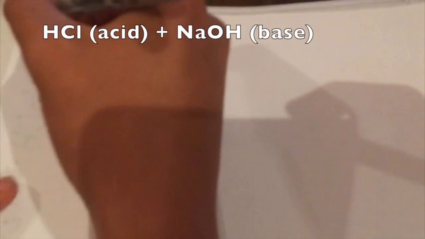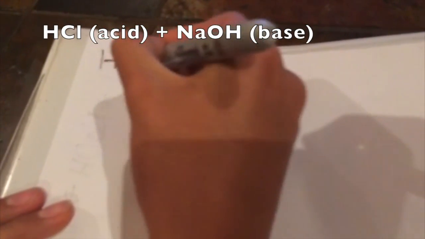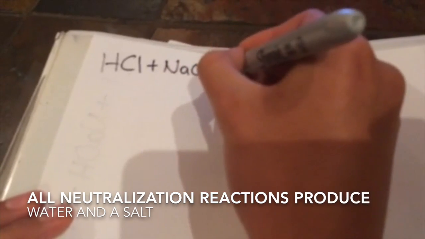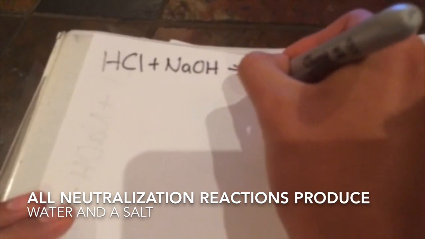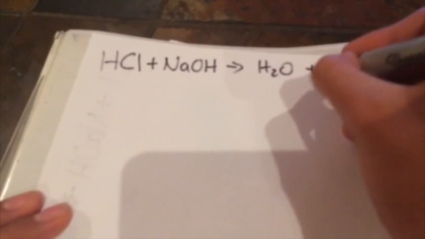Acid-base reactions involve, you guessed it, an acid and a base. Really? I didn't know that. I'm sure you didn't, Mr. Sams. Anyway, here we have an example of a neutralization reaction. The reactants in this equation are HCl, an acid, and NaOH, a base. All neutralization reactions produce water, H2O, and a salt, in this case NaCl.